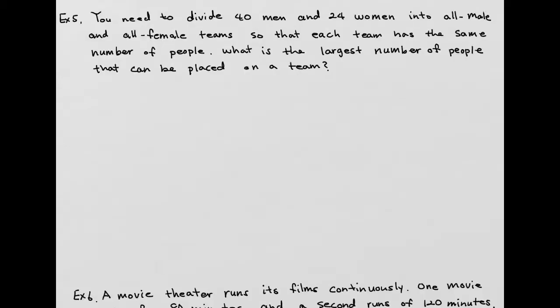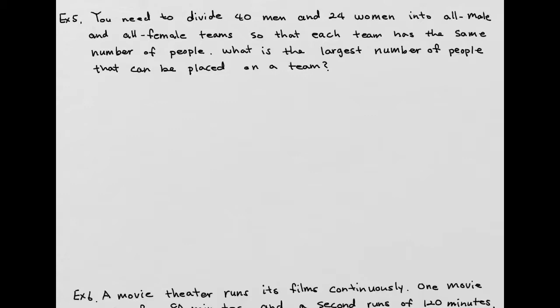Example 5, we have word problems. It's okay that you need to read a word problem two or three times to understand it better. You need to divide 40 men and 24 women into all-male and all-female teams, so that each team has the same number of people.